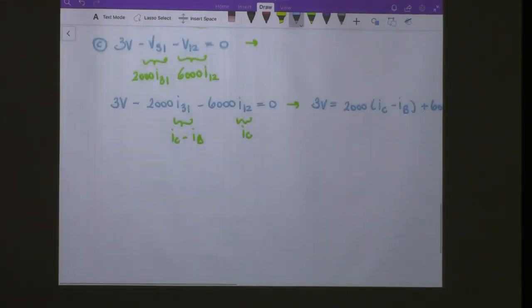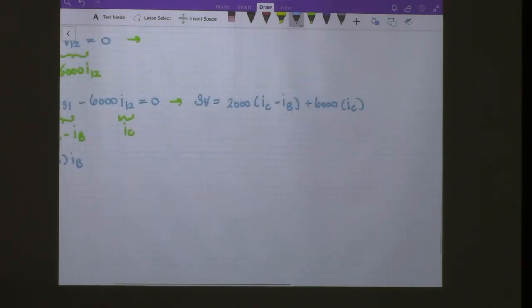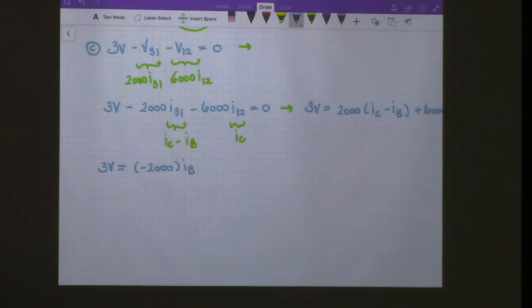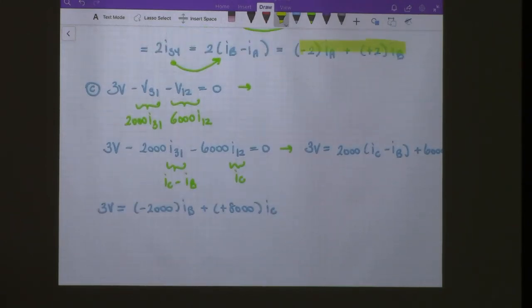We will try to move everything such that we isolate the coefficients of the loop currents. So IB, it'll be negative 2,000 IB. And it'll be 6,000 plus 2,000, so it'll be 8,000 IC. So the two equations that we're going to use to build our matrix are going to be this.